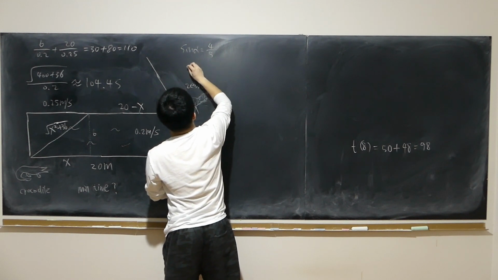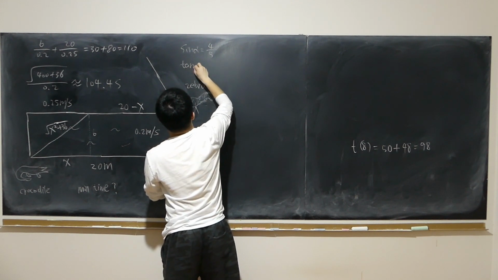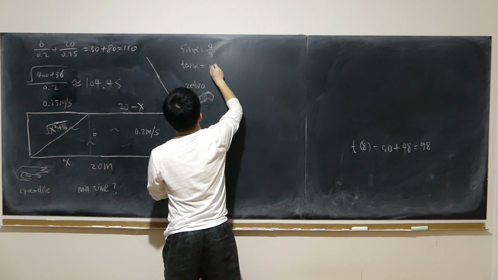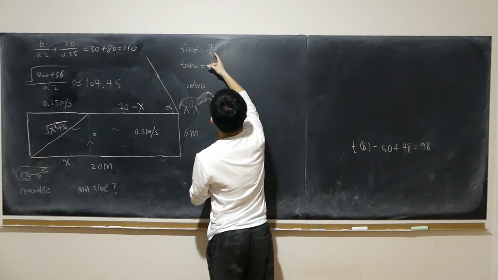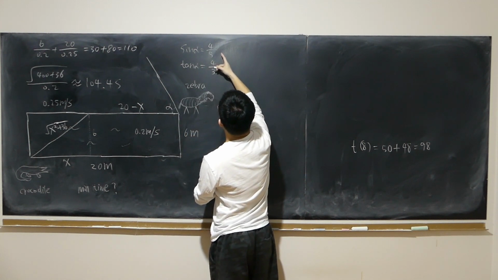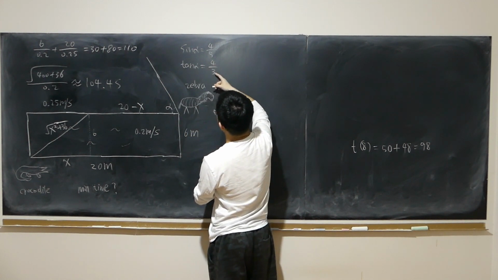I'll explain why. In other words, tangent alpha will be 4 over 3. This is obvious: 25 minus 16 is 9, square root of 9 is 3.